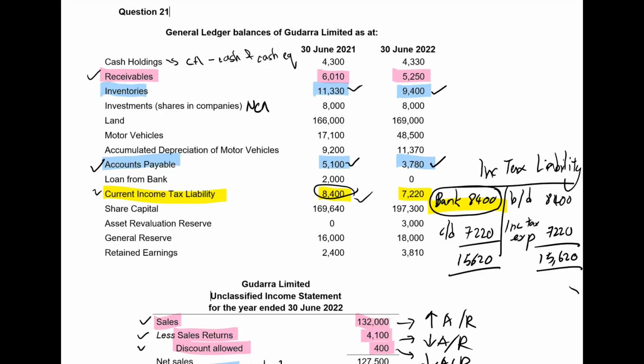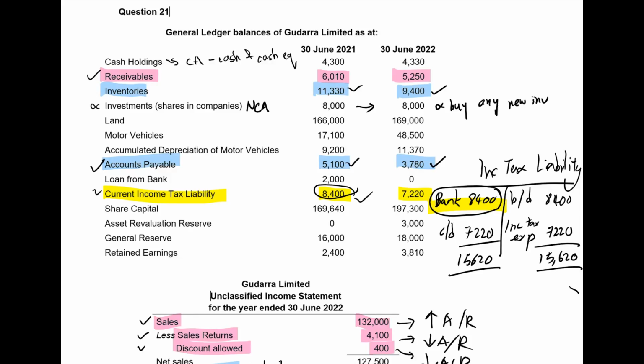If you look at your investments, it didn't change at all. So from 8,000 it became 8,000. That means I didn't buy any new investments. So there's no cash outflow and no cash inflow, so I don't need to record this.